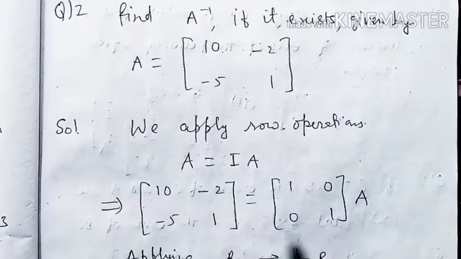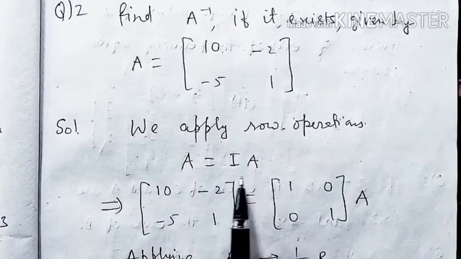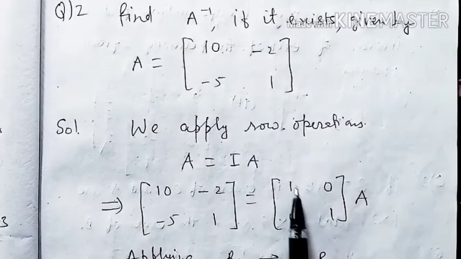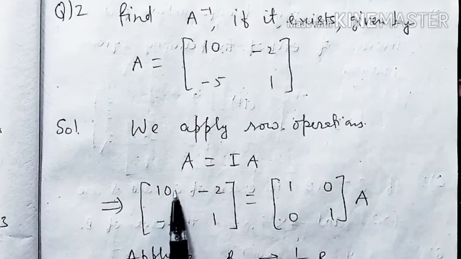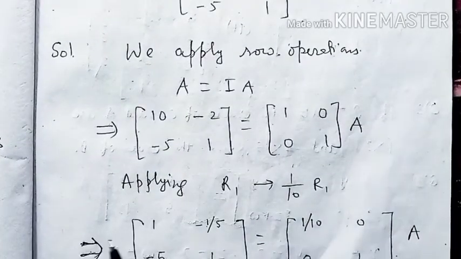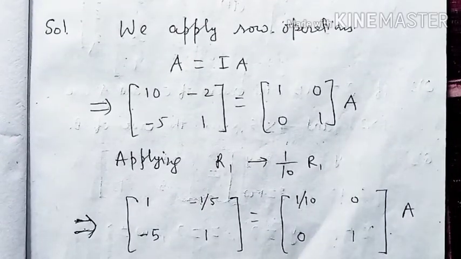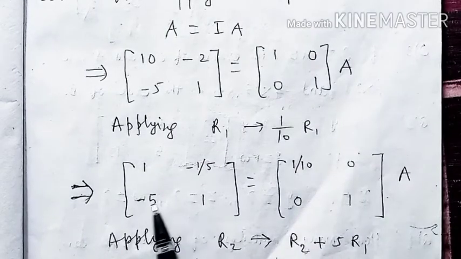We apply row operations, so we start with A is equal to IA. So here [10, minus 2; minus 5, 1] equals [1, 0; 0, 1] A. We have to make this 1. So we change R1 as 1 by 10 R1. Then we have 1, minus 1 by 5, 1 by 10, 0. Now we have to change R2. Here we have to make 0.